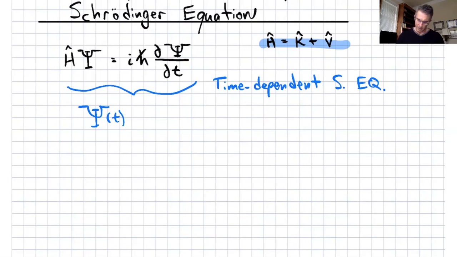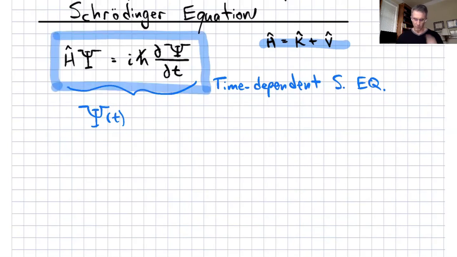You can apply that Hamiltonian with some other knowledge of the system to solve this relatively, at least as it's written out, simple looking partial differential equation. If you could solve that in principle, you can get the wave function. You can specify the wave function by just solving the Schrodinger equation. That sounds straightforward for the most part.